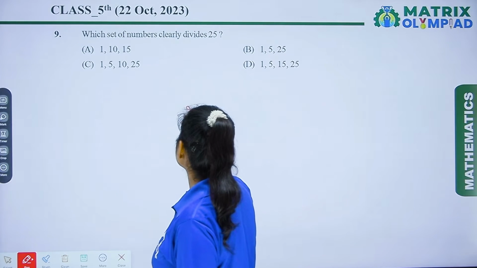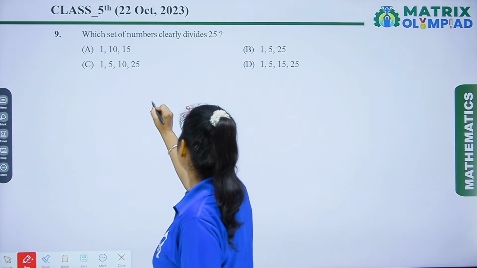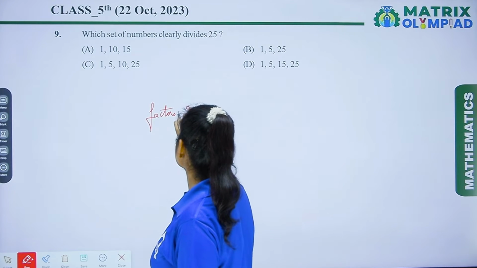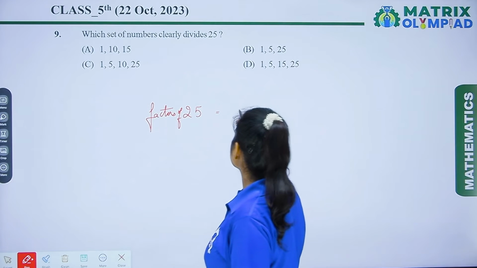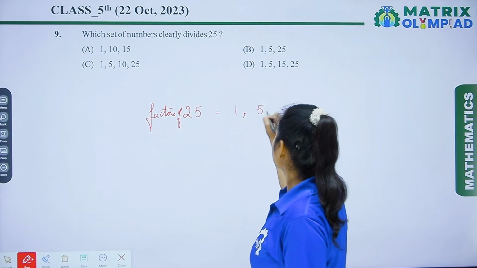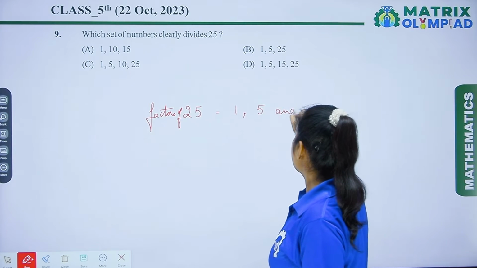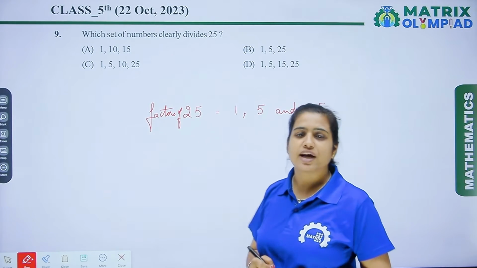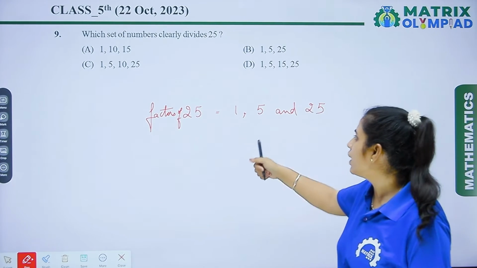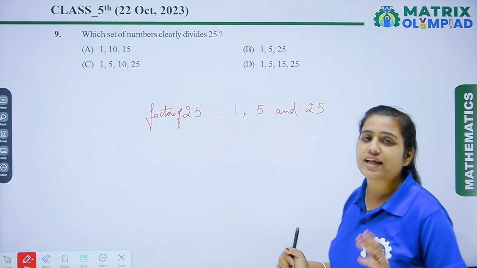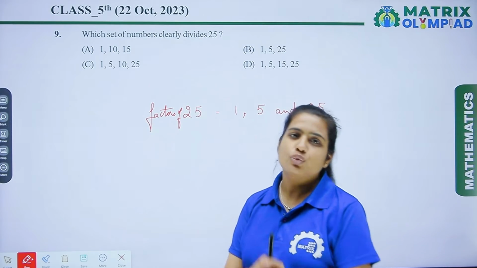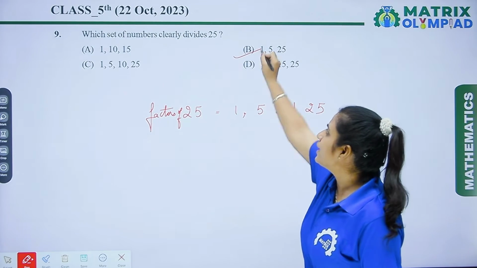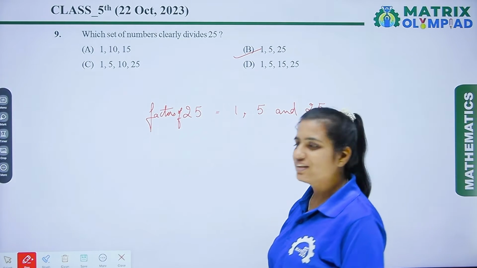So here the factors of 25 are 1, 5 and 25. So we have three factors, that is 1, 5 and 25, that exactly divides 25 without leaving any remainder. So here option B is the correct answer.